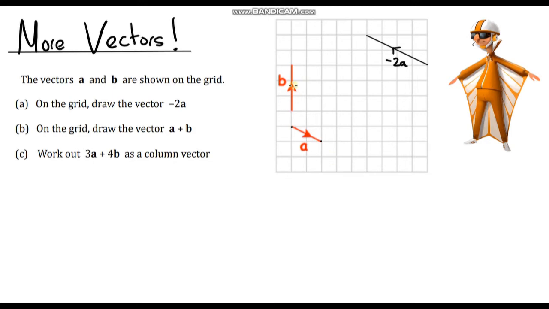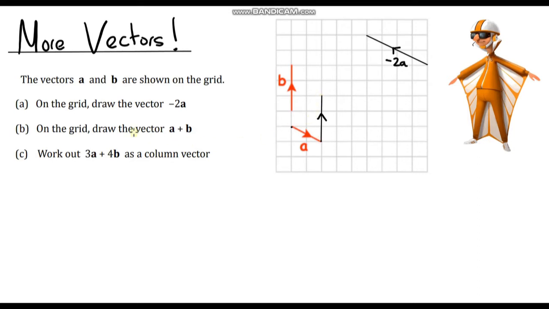So with our vector B, we need to add this on to where we finished off with vector A. Okay, so if I get my line tool out again, this vector here, we're just going to attach it here and we're going to go up 3 units. And we're going to go in the same direction as vector B. So it's in this direction. So this is vector A and we're adding on vector B.